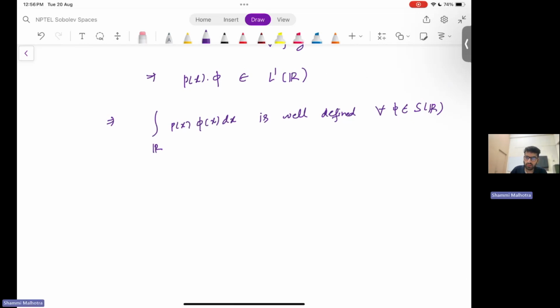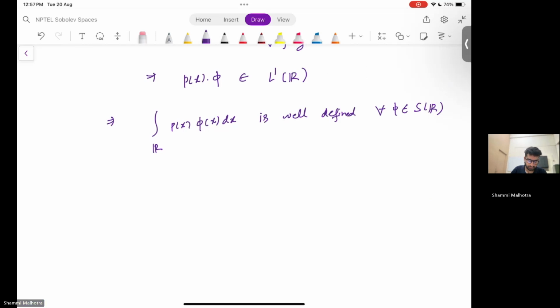Because if we take a fixed polynomial, we can take the sup norm of the phi_n's and this p(x) to be multiplied with another polynomial and divided by another thing. That thing has to go to 0 only.